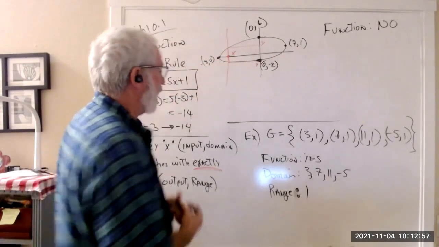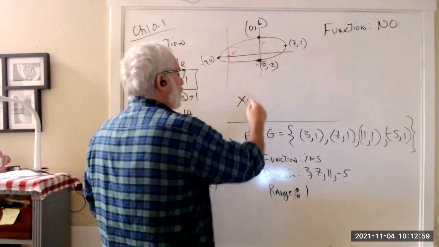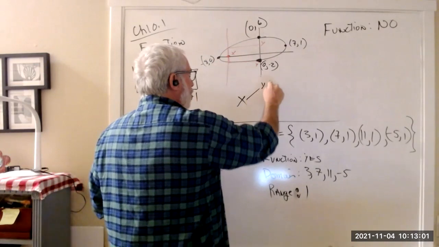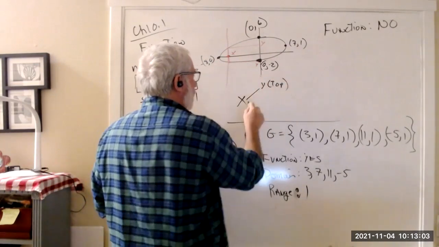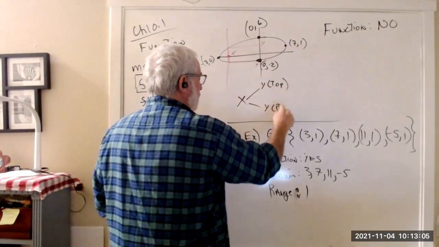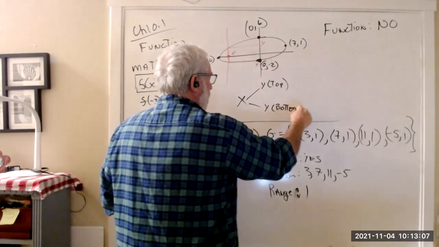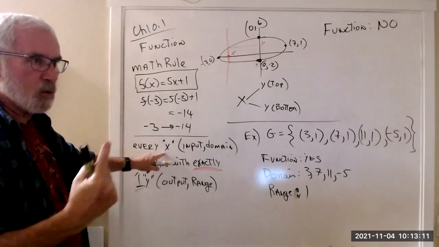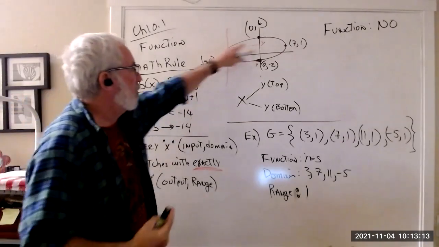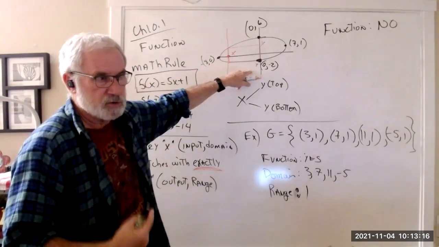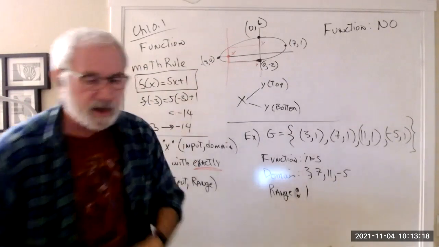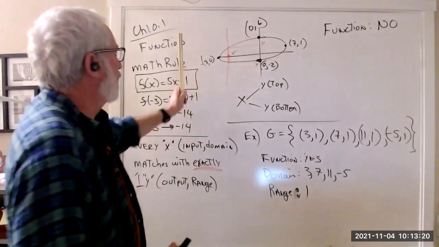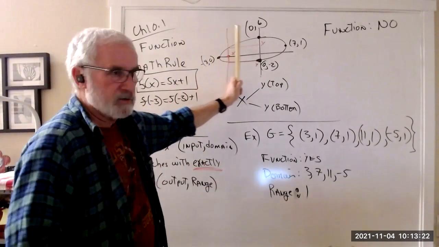We have an X, whatever it is, going to the Y on top and also going to the other Y on bottom. And that says, no, no, no, X can only go to one answer, and we have it going to two different answers. So it's not a function. And your vertical line test is just an easy, lazy way of showing that.